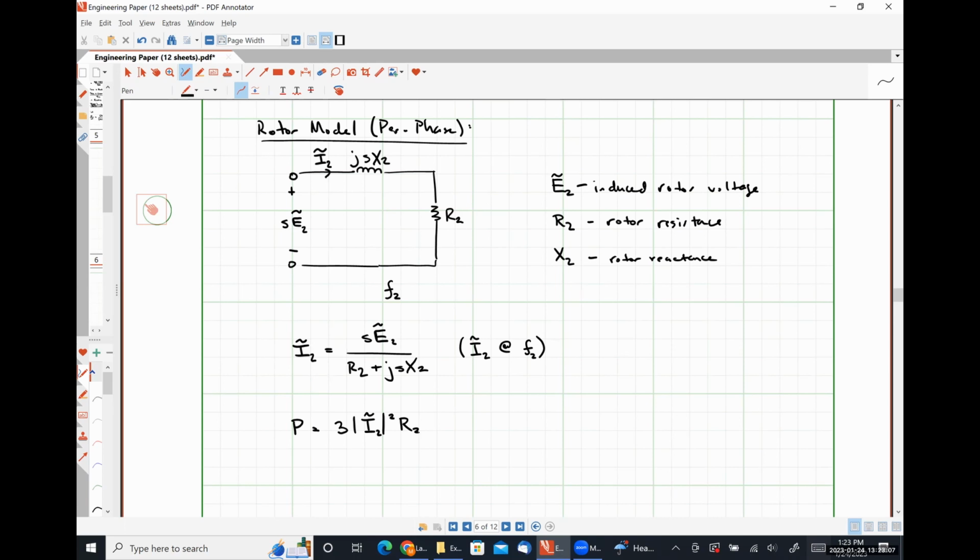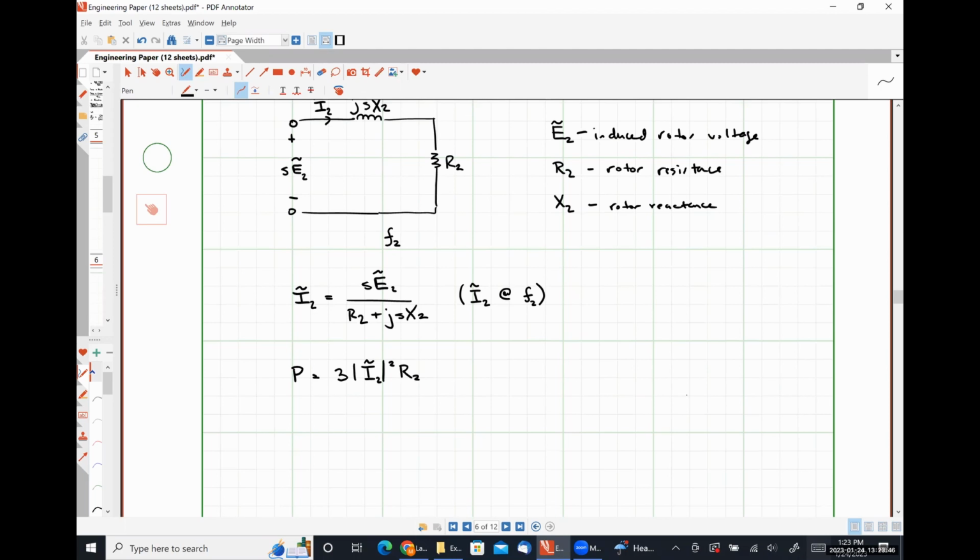Now, why this is problematic is because it infers that our power absorbed by our rotor is independent of the slip that we're experiencing, which cannot be true. Okay. Our slip has to influence what's going on here, right? So effectively, this says that our rotor is going to absorb the exact same amount of power, whether or not it's carrying a load or we're holding it still. Wildly not true. Okay.